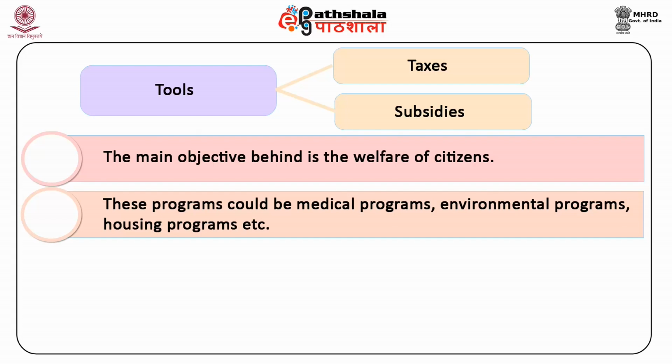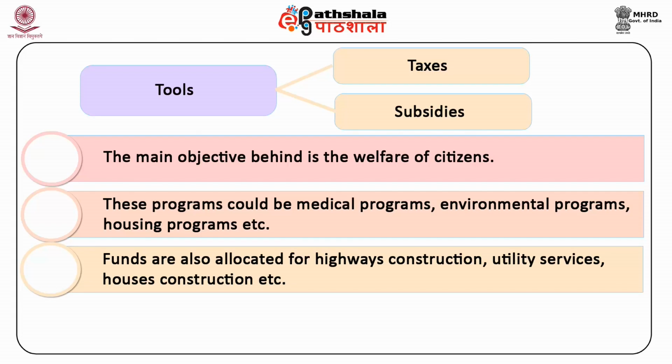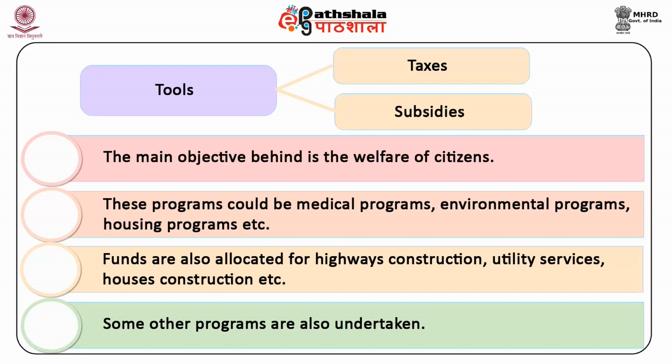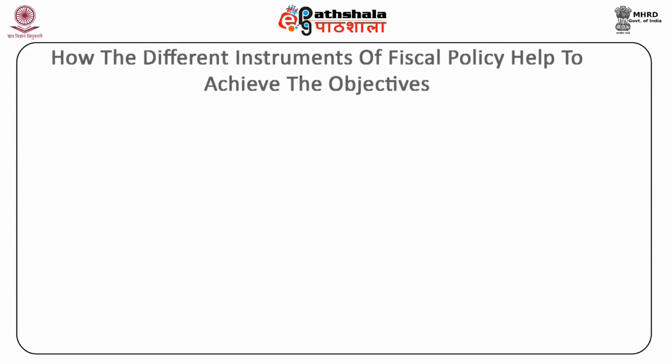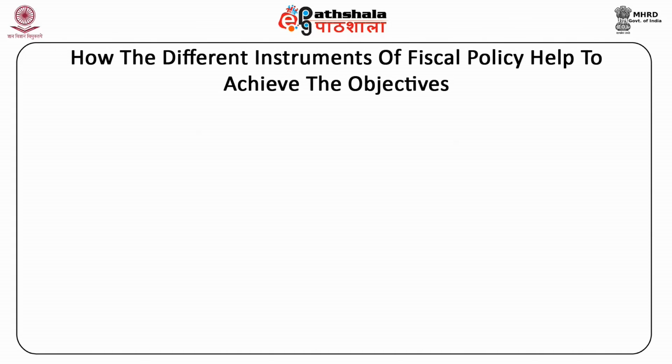These programs could be medical programs, environmental programs, housing programs, etc. Funds are also allocated for highways construction, utility services, houses construction, etc. Some other programs are also undertaken, like education programs, employment programs, debt servicing, repayment of borrowings, administration, personnel and other general costs.